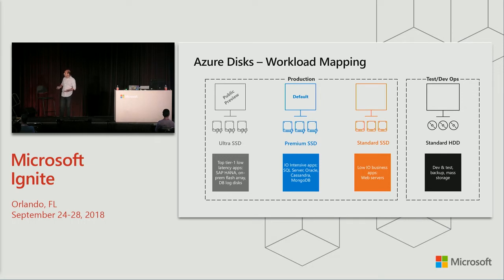And lastly, standard HDD is still a good low-cost solution for workloads that are not affected by performance variability. Examples could be a backup solution, mass storage, or maybe dev test. So anything that is not affected by variability in performance.